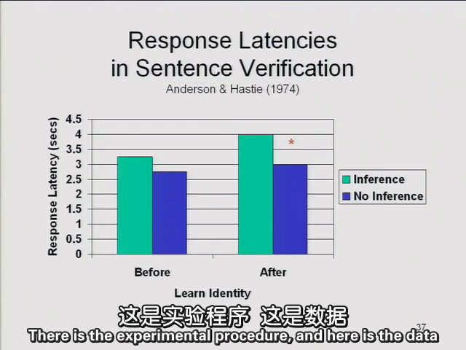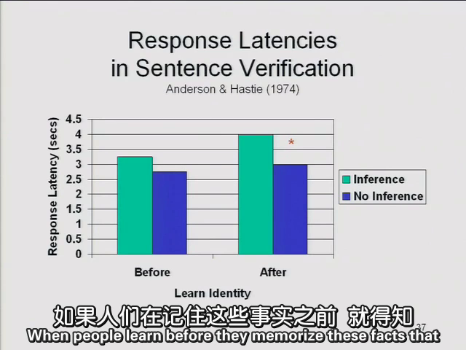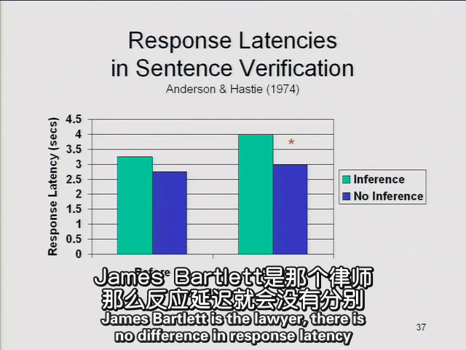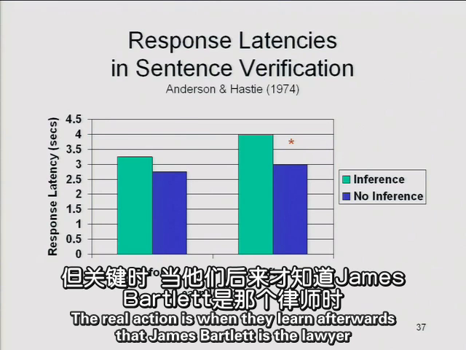There's the experimental procedure, and here's the data. When people learn before they memorize these facts that James Bartlett is the lawyer, there's no difference in response latency. The real action is when they learn afterwards that James Bartlett is the lawyer.